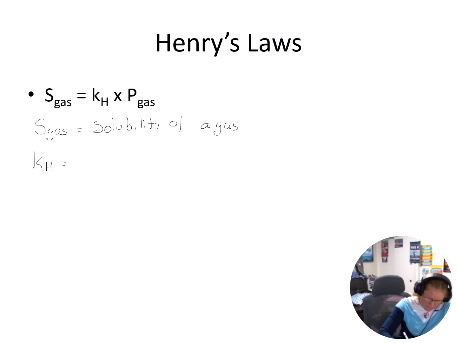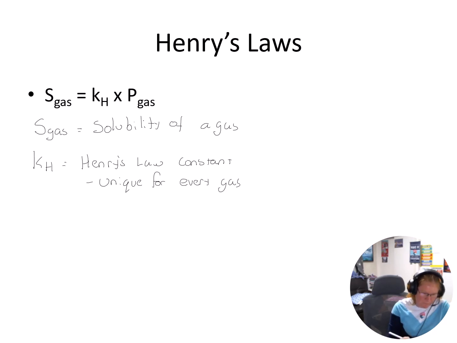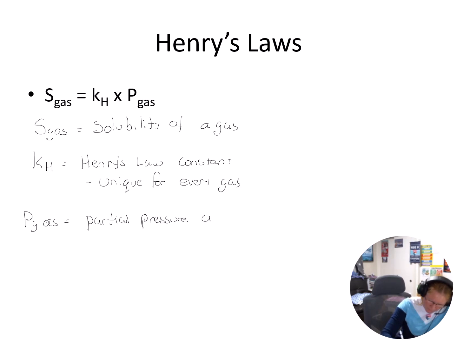K sub H is the Henry's law constant, and this is unique for every gas. Okay, and then the P gas is the partial pressure above the solution. Okay? All right, so it's directly proportional to that.